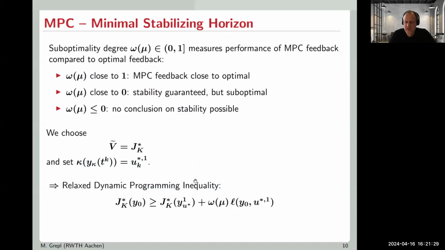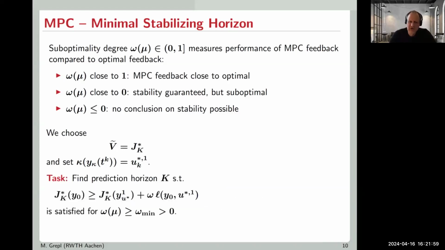We know that if K goes to infinity, the infinite horizon problem stabilizes the original system and we obtain the optimal feedback. So obviously, alpha actually depends on K, and as K goes to infinity, you can show that alpha approaches 1. And if K is too small, it turns out that alpha is less than 1.